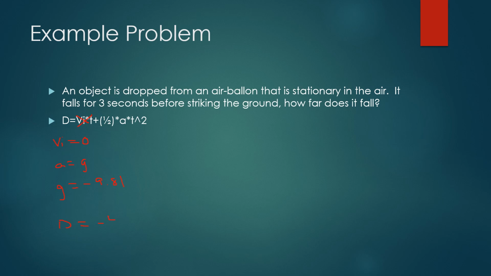So negative 4.905 times, once again, time, which is 3 seconds squared. So 3 times 3, which is 3 squared, is 9. So you'll have D, we'll come up here and finish this off.